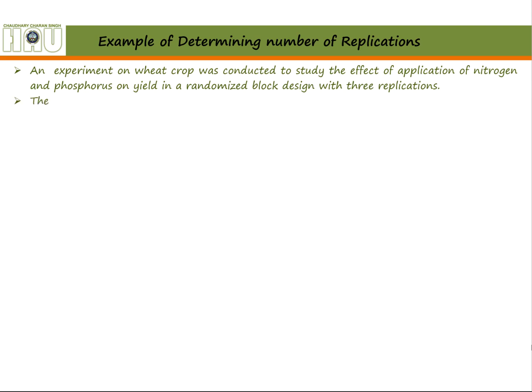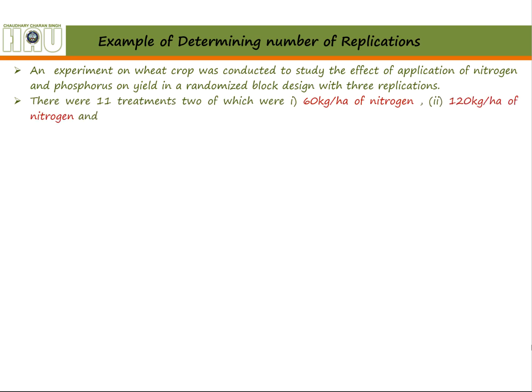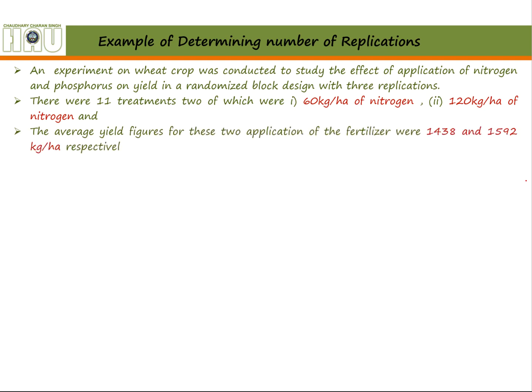There were 11 treatments, two of which are 60 kg per hectare of nitrogen and 120 kg per hectare of nitrogen. The average yield figures for these two applications of fertilizer were, say, this and this.